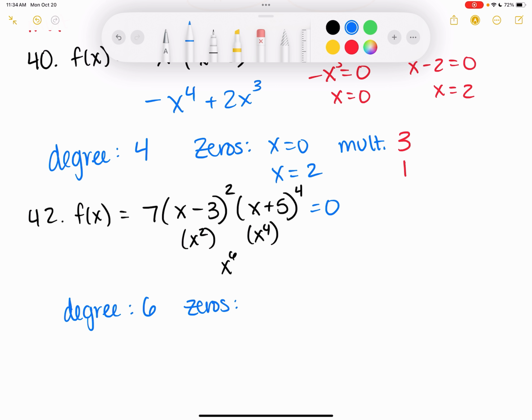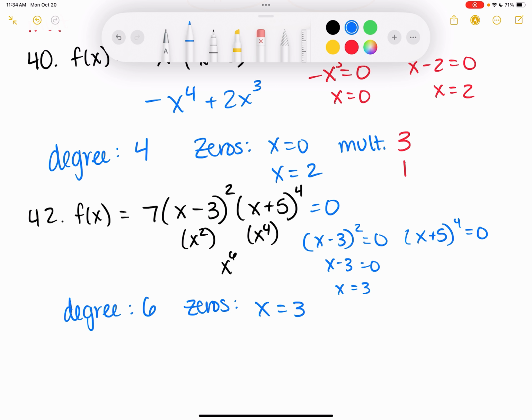So then I have x minus 3 squared equal to 0, and I have x plus 5 raised to the 4th equal to 0. Technically what I'm doing is taking the square root of both sides, which just gives me 0. So I end up with x minus 3 equals 0. Then I can add the 3 over, so x equals 3. So one zero is x is equal to 3.